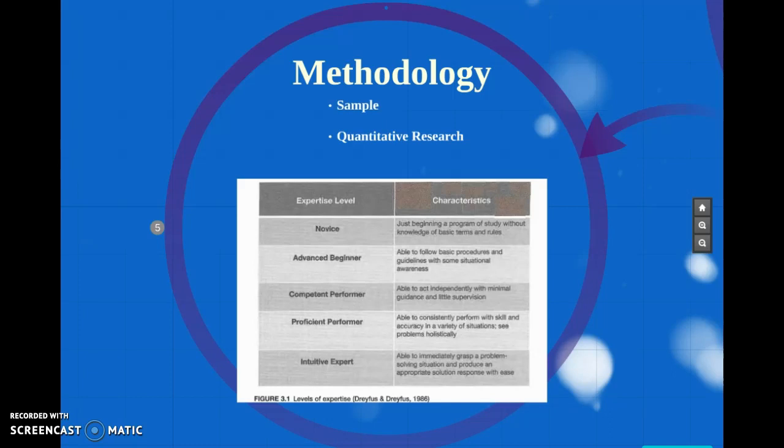This study was designed to investigate the primary professional and personal factors that influence and determine the decision of teachers about graphing calculators and their use in their mathematics classrooms. Various degrees or levels of teacher usage of graphing calculators were also taken into consideration. Please see Figure 3.1, The Levels of Expertise, by Dreyfus and Dreyfus.